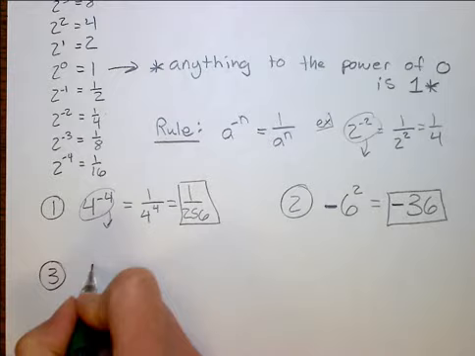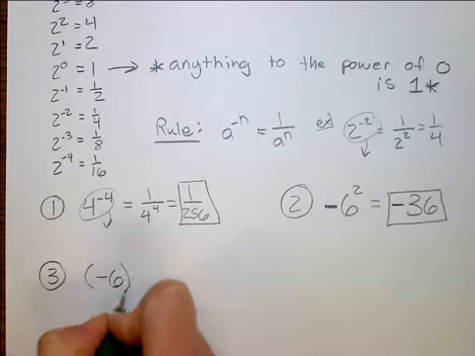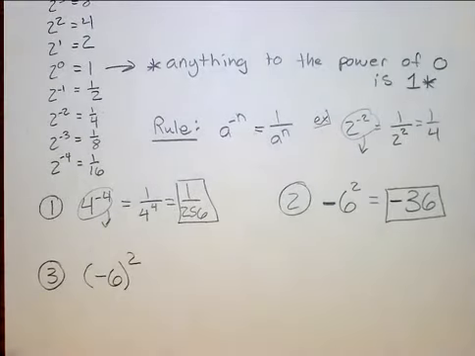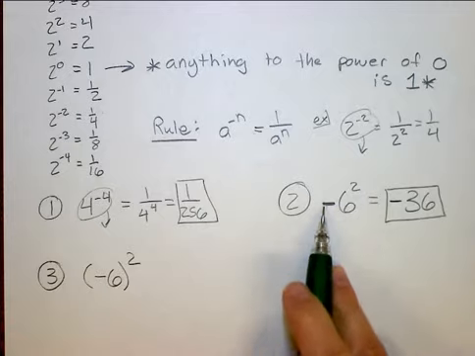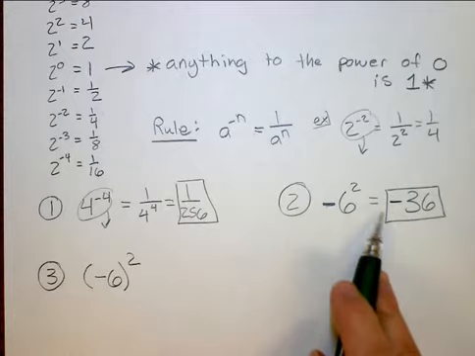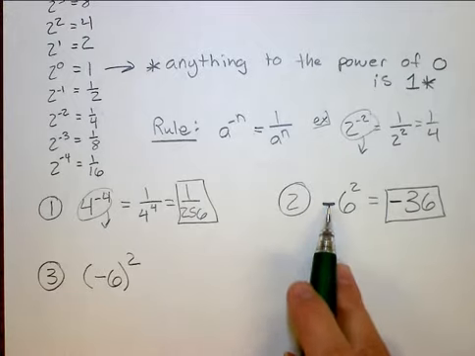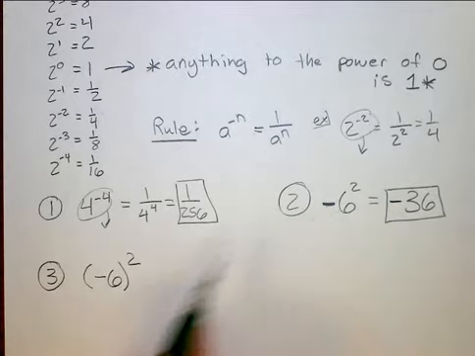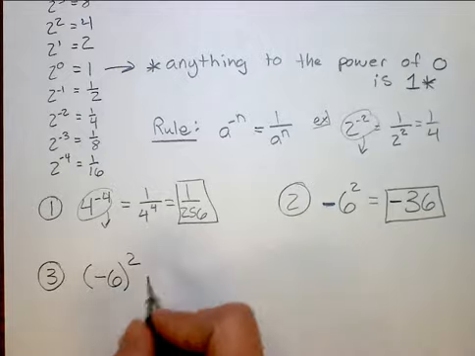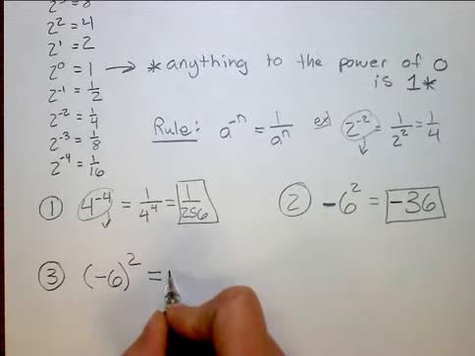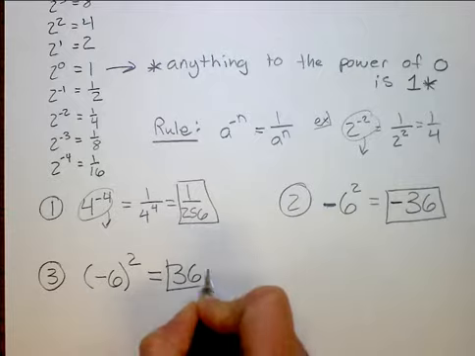If this is in parentheses and we have -6, close parentheses, squared, notice for number 2, the negative was not in parentheses. The squared had nothing to do with the negative. So it's not like we did a negative times a negative to be a positive, because then this negative was not being squared. But when it's inside the parentheses, this is -6 times -6 that we're talking about. So -6 times -6, when it's inside the parentheses, gives us a positive 36.